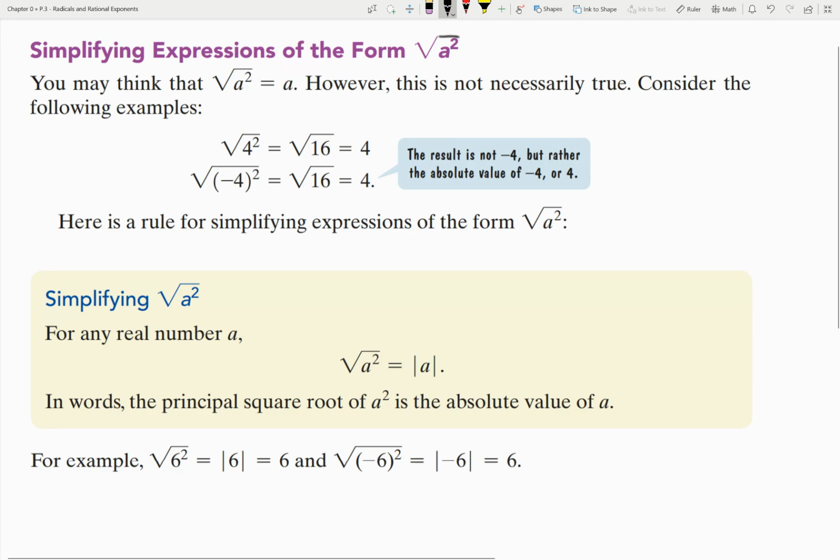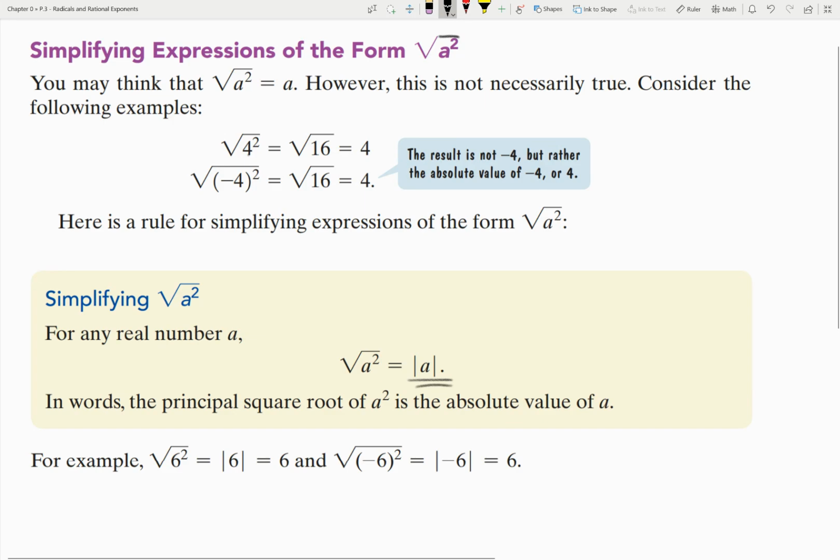Okay, so what this means is that if you are taking the square root of a squared, the principal root, the positive root, is always going to be equal to the absolute value of a.